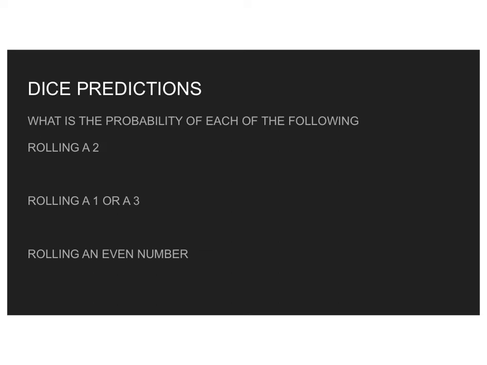So here's some more. Pause the video. You can write down what you think the probability is, and then click play and see if you're correct. So what's the probability of each of the following? Rolling a 2. Well, there's only one 2 on a dice, so that's a 1 out of 6 chance. Rolling a 1 or a 3.